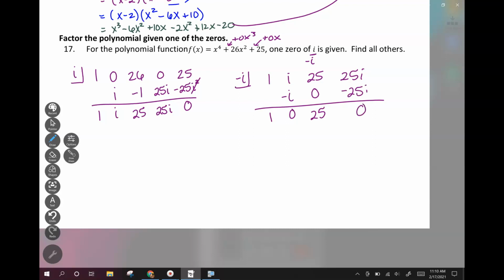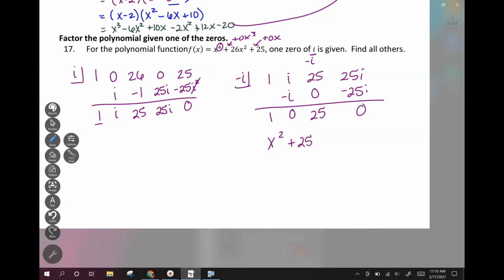Okay, so I got 0 again, obviously, because I know -i has to be one of my zeros if positive i is one of my zeros. Okay, and then I'm left with x squared because I've divided twice, so my degree is going to go down by 2. So x to the 4th, this one's x cubed, this one's x squared, 0x, and then 25.